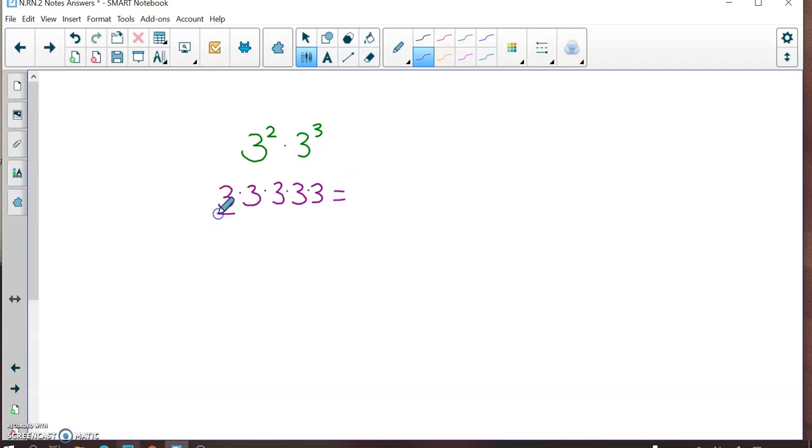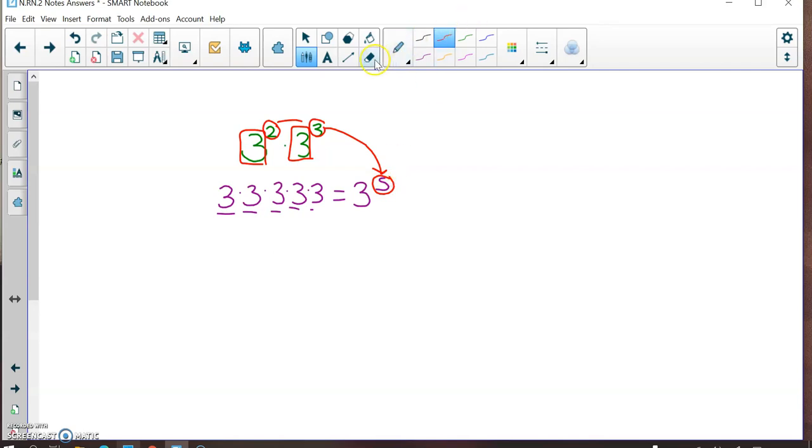So that's essentially the same as 3 to the 1, 2, 3, 4, 5, fifth power. What really happened is that both of these had the same base, 3, so we kept our base of 3, but we added our exponents to get our final result.